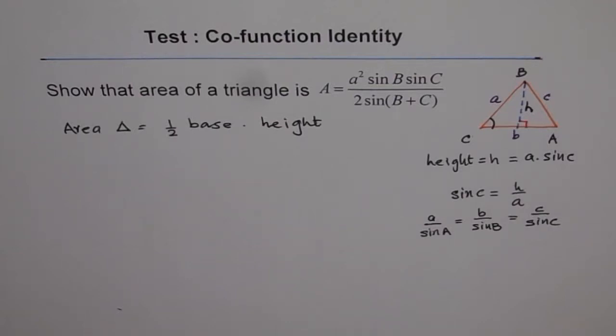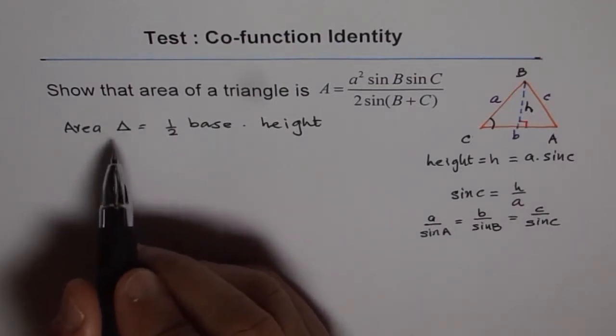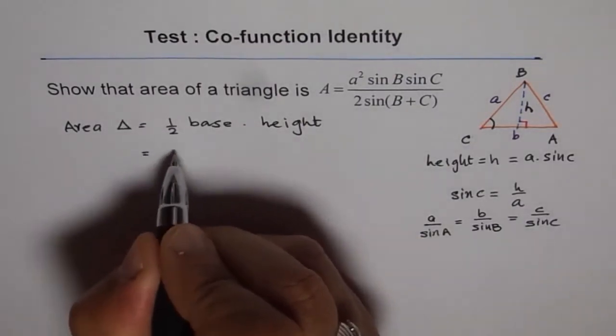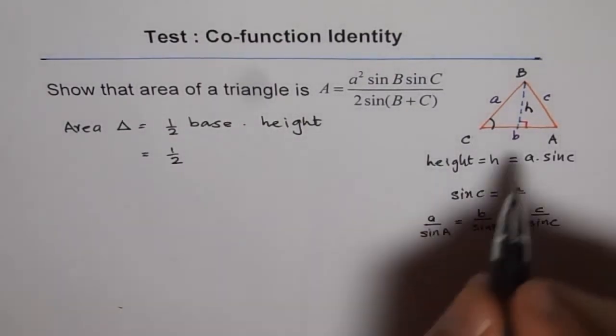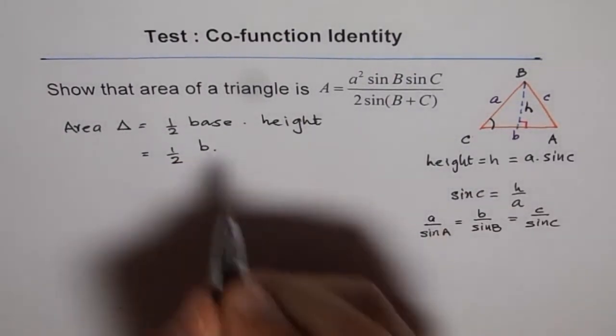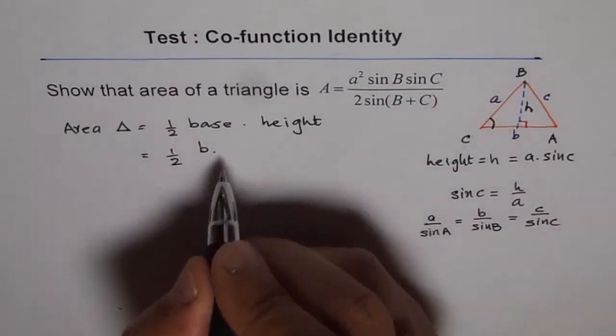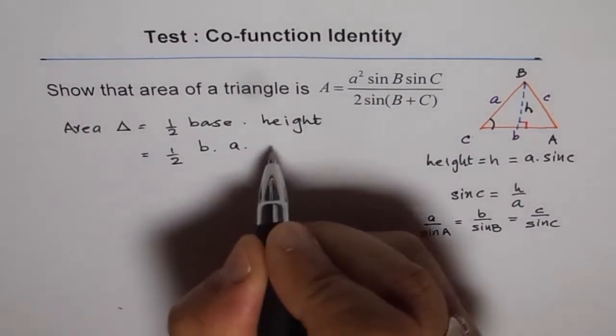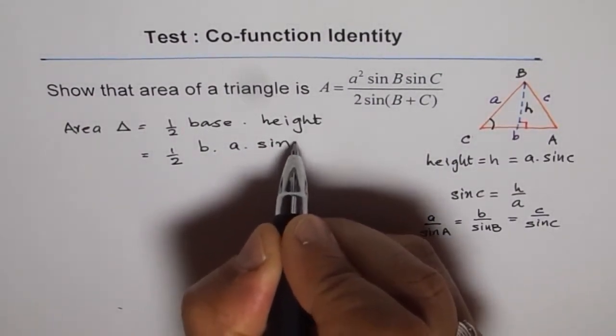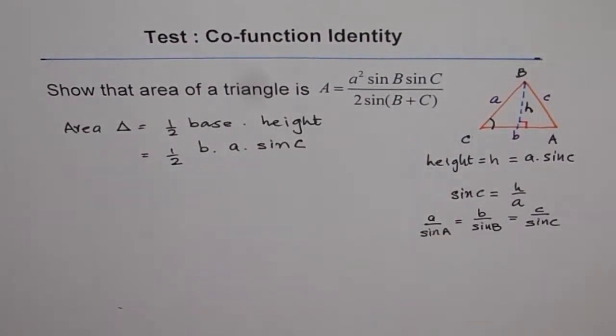Right? Now, we can write area of triangle A is equal to half times base, which for us is b, and height for us is H, and we found that H is a sine C. So that is our height.